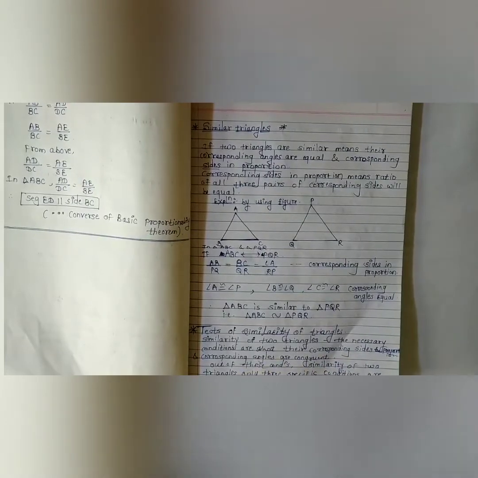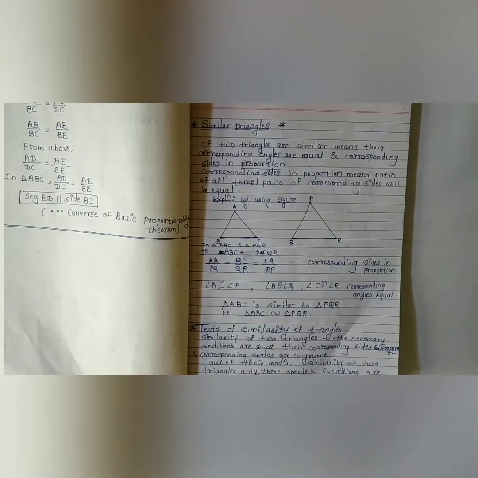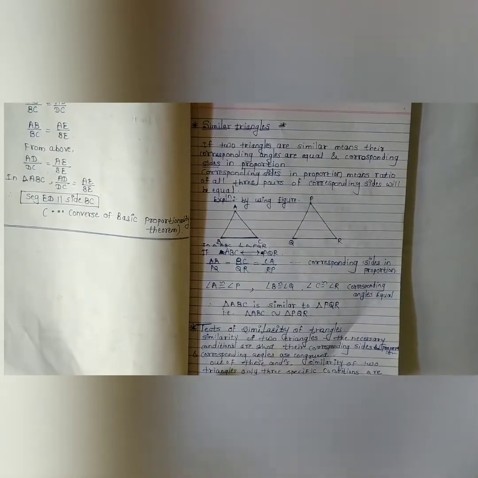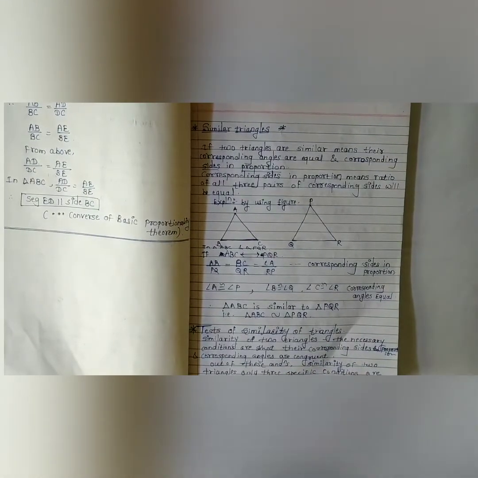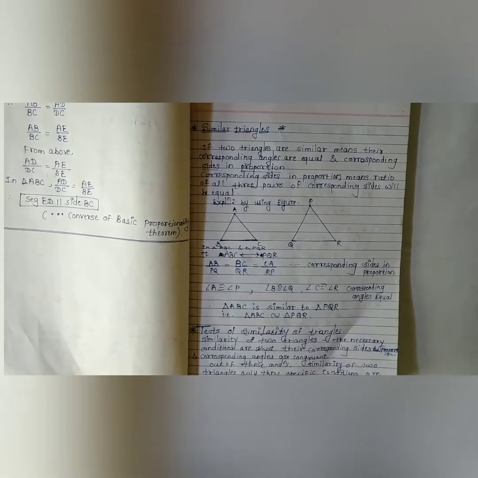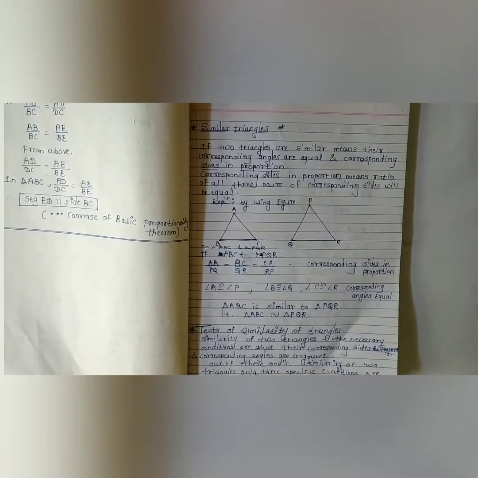There are 6 conditions: 3 angles are equal and 3 sides are in proportion. But out of these conditions, for similarity of two triangles, only 3 specific conditions are sufficient.